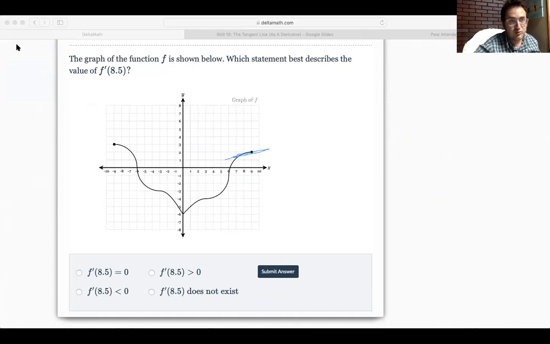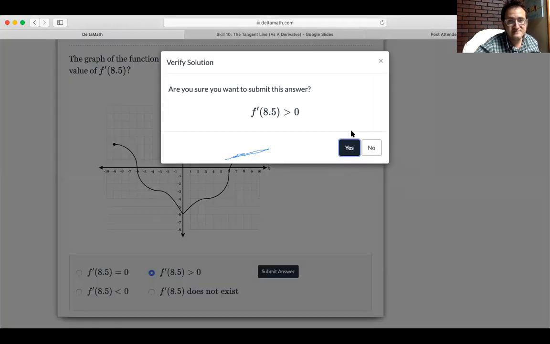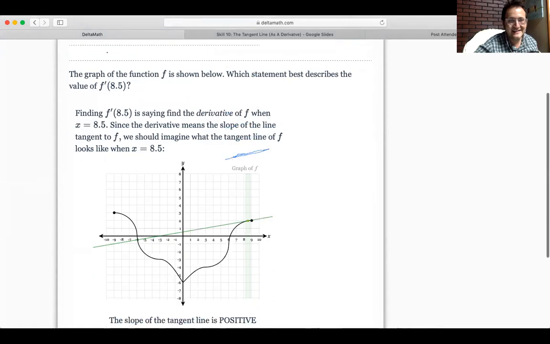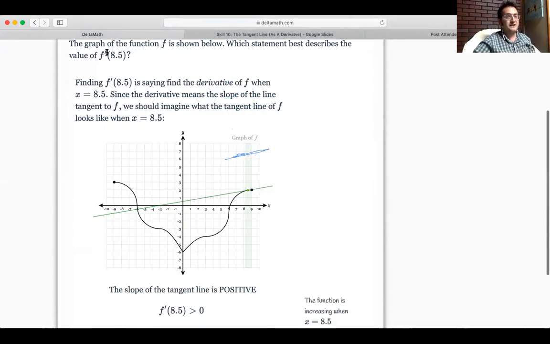So it's going to be a little bit above 0 at that point. And that's more like it. So that's what we're going to be doing on those exercises.